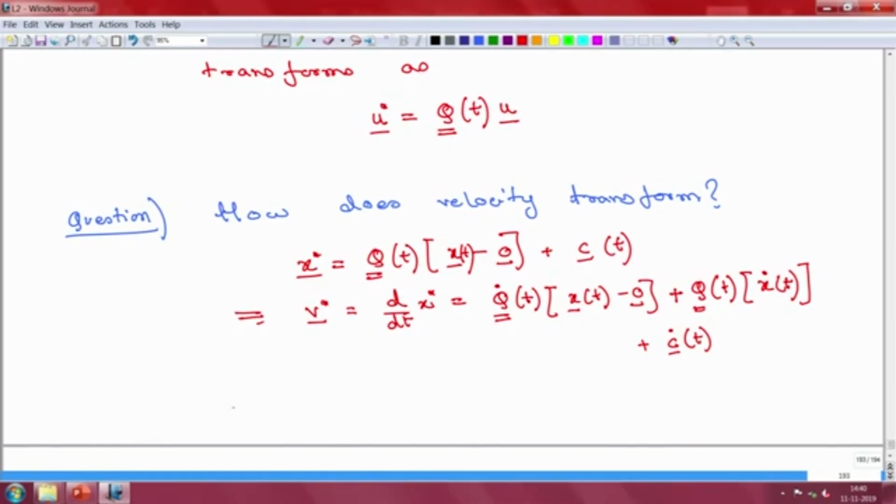So, if we just clean out this expression a bit, this quantity is the velocity in the other frame. So, you have Q transpose times the velocity plus q dot. I am just rearranging the terms here, and you will probably understand why I am doing that.